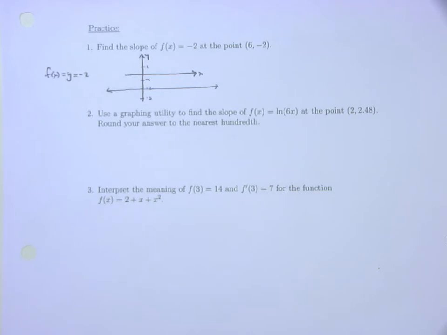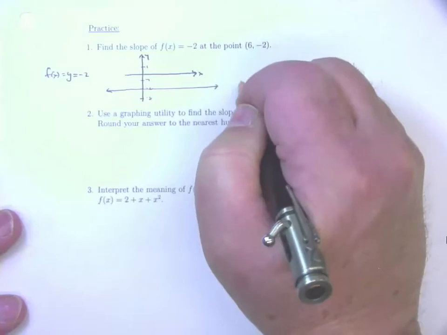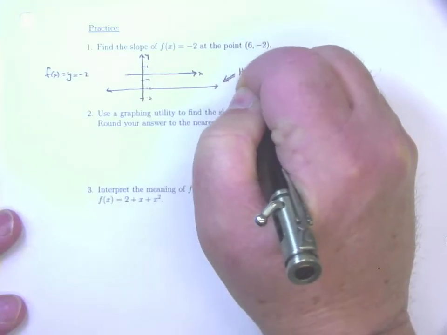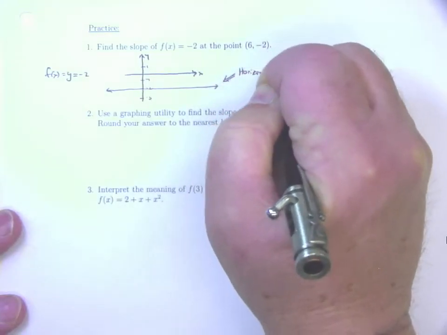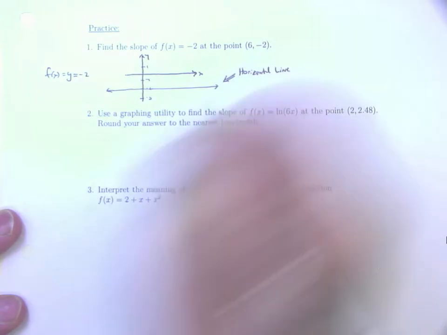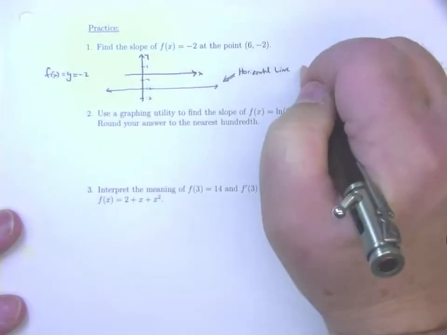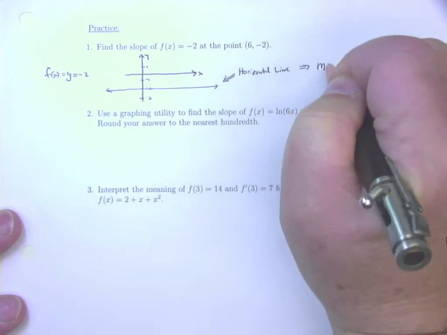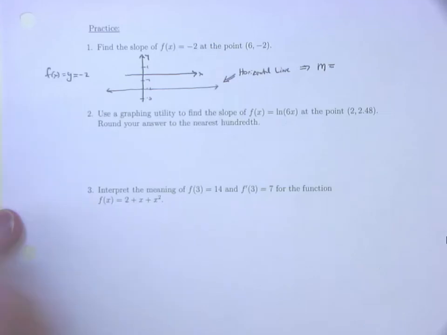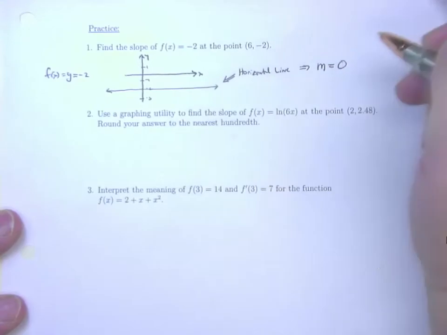Got a question for you. What is the slope? Horizontal line. Do you guys remember what the slope of a horizontal line is? Horizontal line has what kind of slope? Very good. Zero slope.